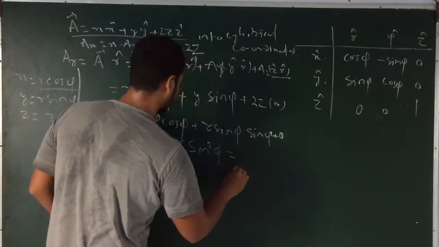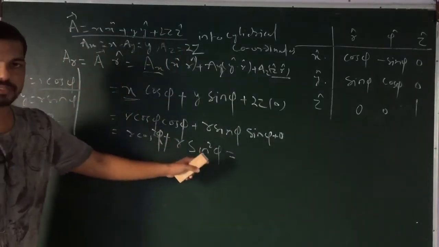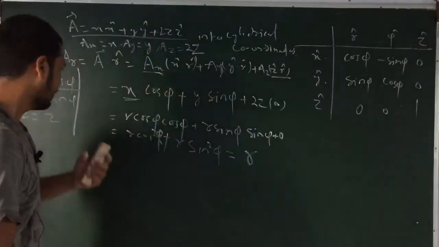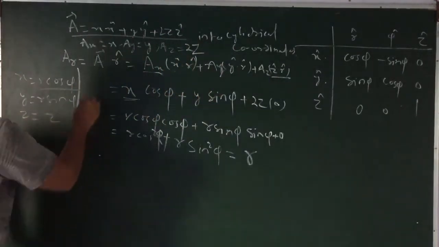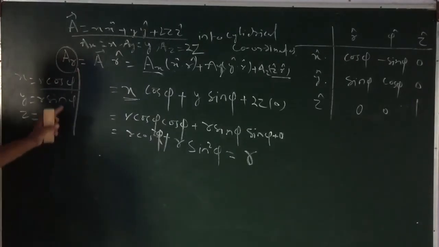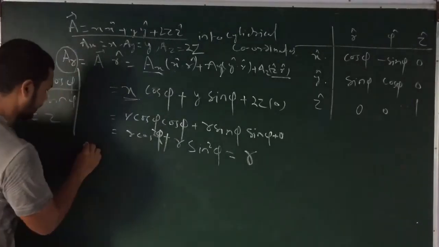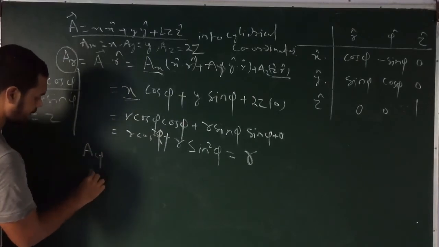Taking r common, cos square phi plus sin square phi will result to 1. So the final result will be r. So in this way you can find out AR.